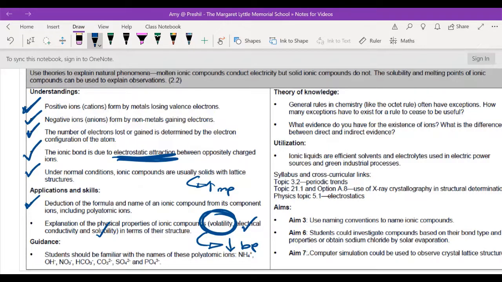There aren't compounds in that we can smell, whereas with covalently bonded molecules, we can smell those, and that is because of their volatility. And we've talked about those polyatomic ions.